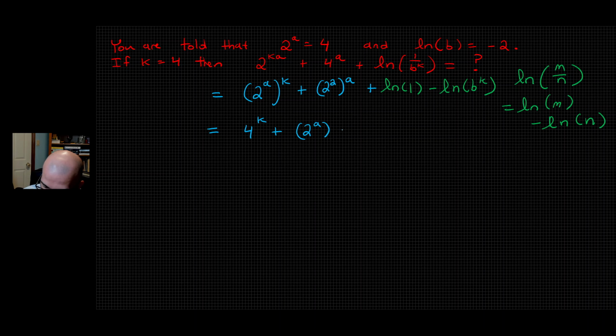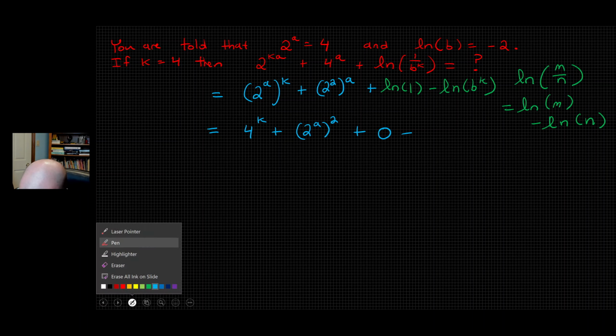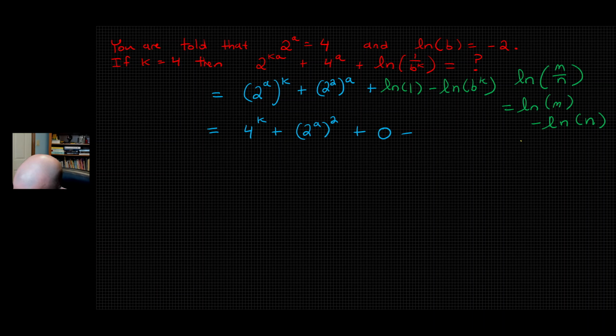Since a power to the power multiplies, I can multiply them in a different order. Ln of 1 is 0. Log any base of 1 is always 0. And the next part, you use another log property that says the log of m to the power of n is n times the log of m. So I have k times the ln of b.